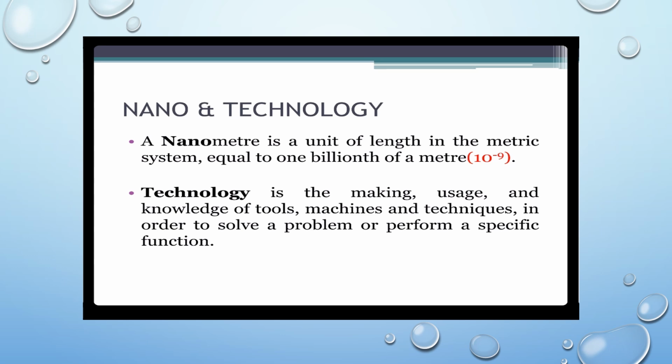Technology is the making, usage and knowledge of tools, machines and techniques in order to solve a problem or perform a specific function. Nanoscience is the study of structures and molecules on the scales of nanometers, ranging between 1 and 100 nanometers. Nanotechnology utilizes this in practical applications such as devices, etc.